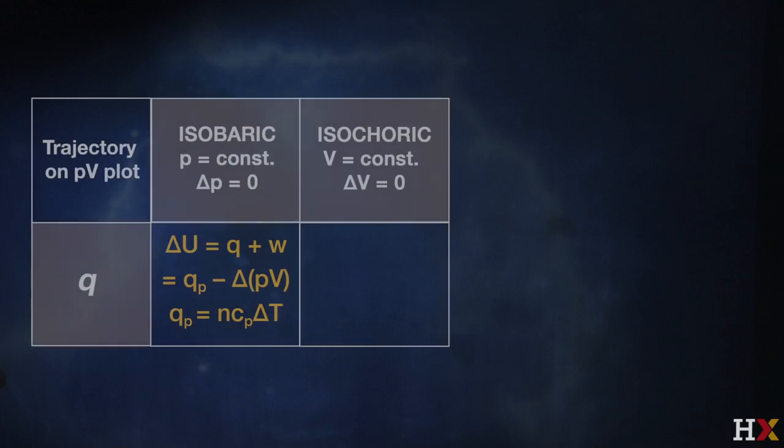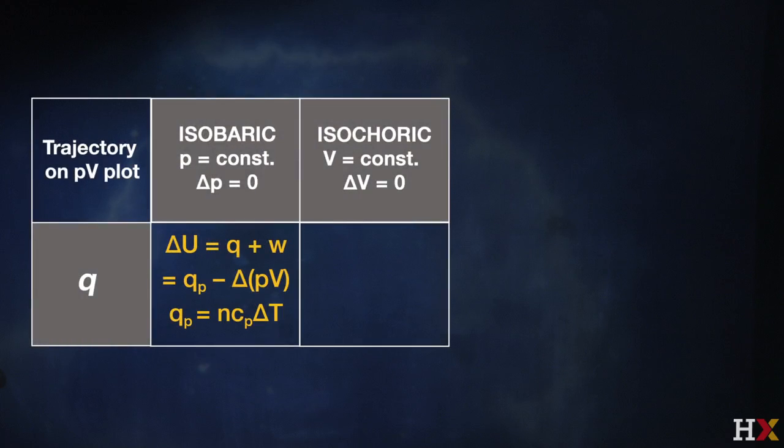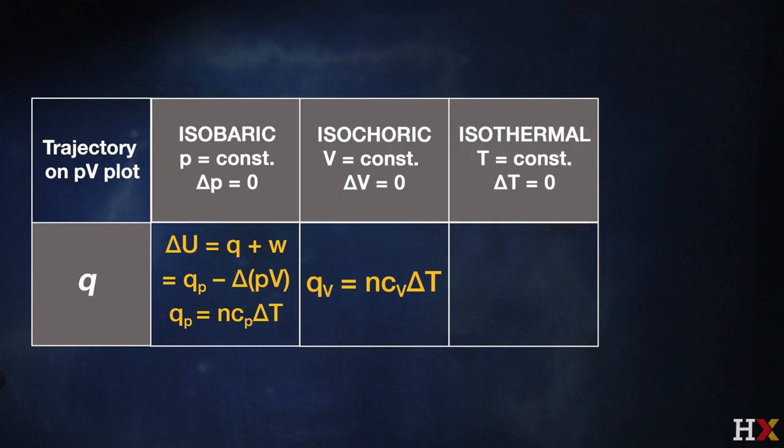So that's very straightforward. What about isochoric? Now, if V is equal to a constant, I know immediately that I can calculate the heat exchanged along that constant volume surface. That's simply the number of moles times the specific heat capacity at constant volume times change in temperature. Well, what about the isothermal case?